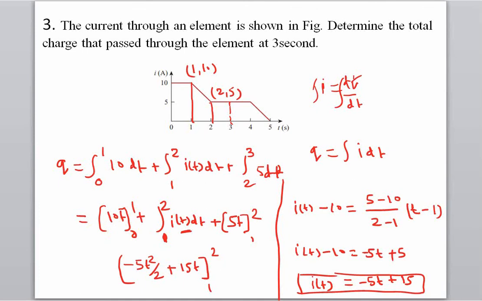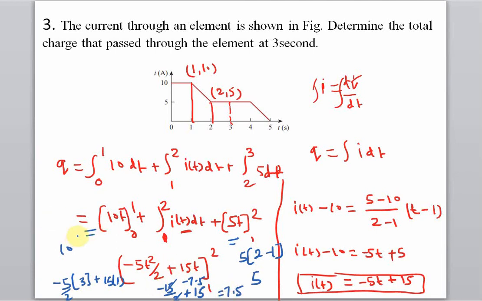By putting in the values, this will be equal to 10 for the first region, and for the second, minus 5 by 2 and minus 15 by 2 plus 15, which gives 7.5.